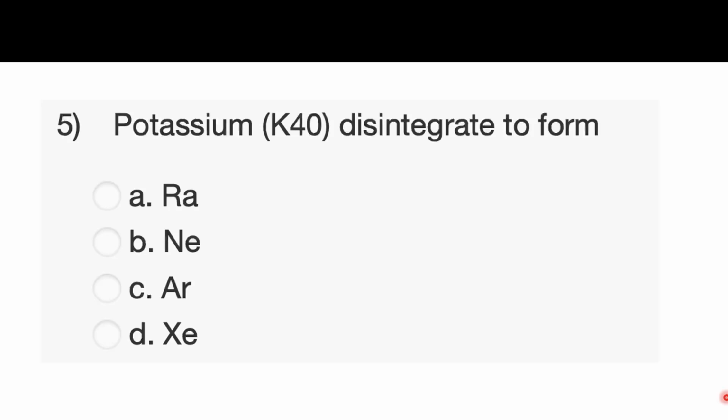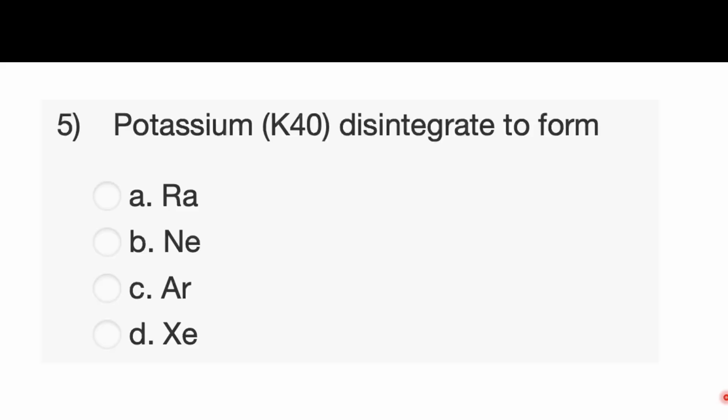Question number 5. Potassium disintegrates to form dashed. Radioactive potassium, K-40, mass number 40, disintegrates to form dash. Option A, radium. Option B, neon. Option C, argon.